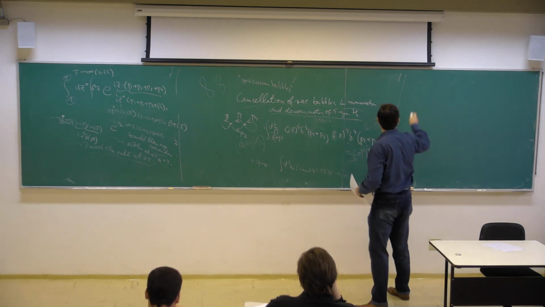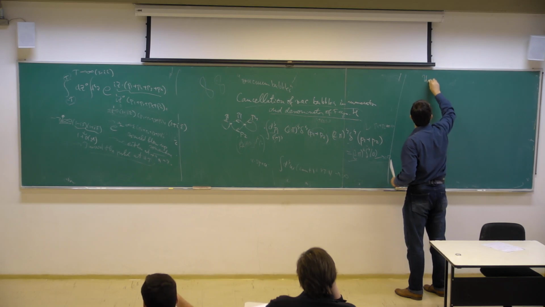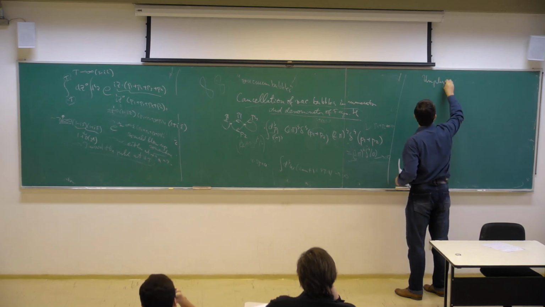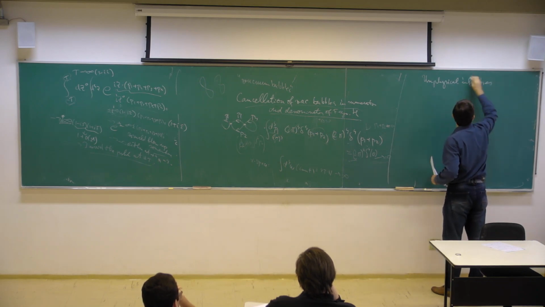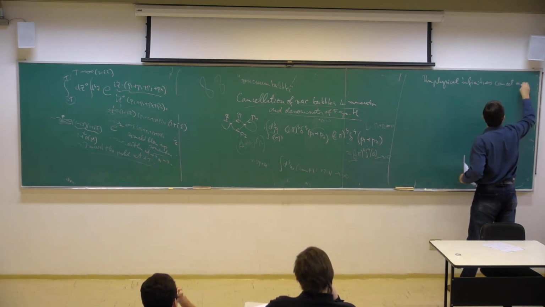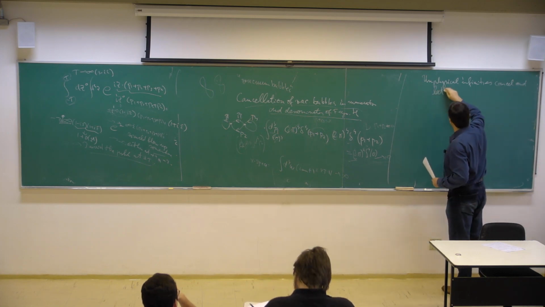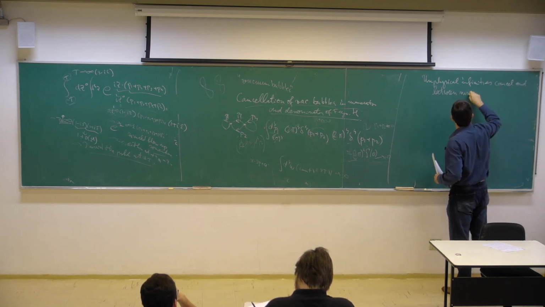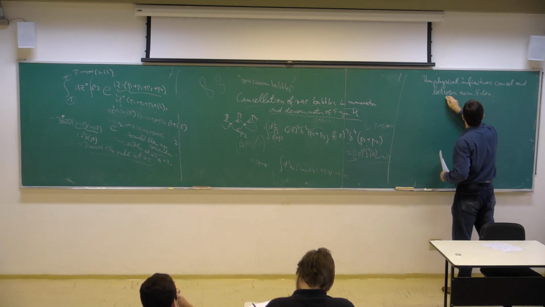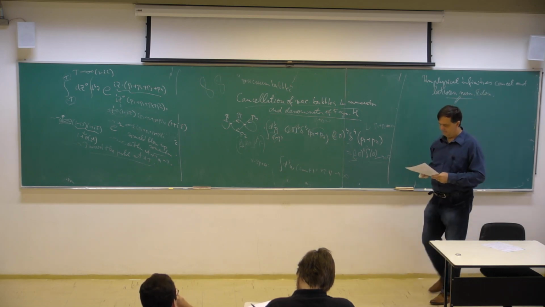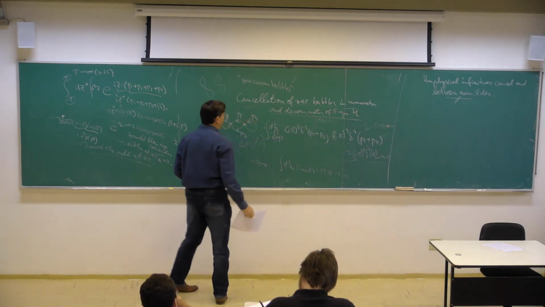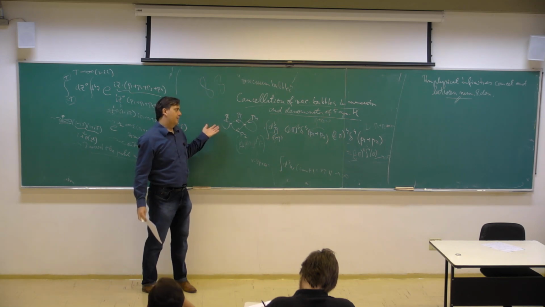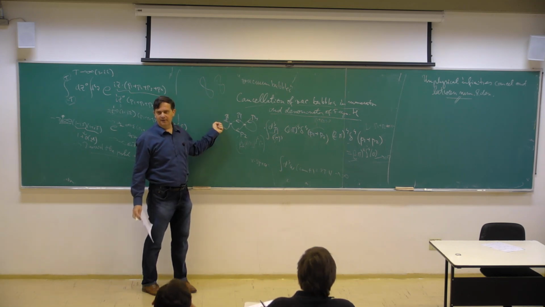So the unphysical infinities cancel out between numerator and denominator. Let's see that. How can they cancel out? In the denominator, we only have these vacuum bubbles because we don't have external points.